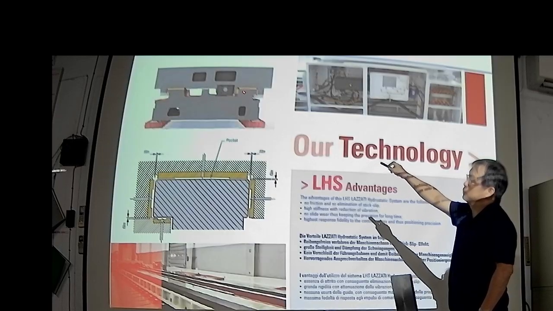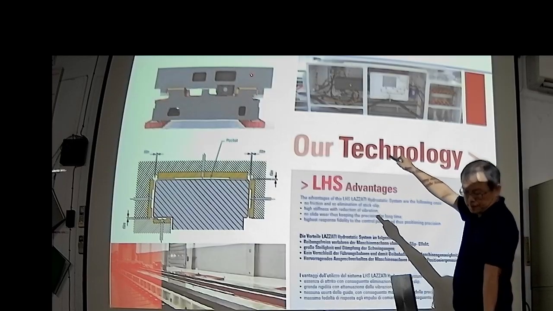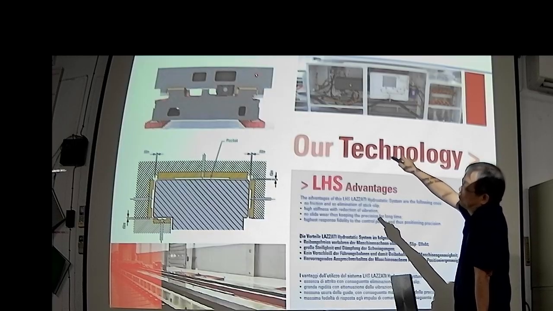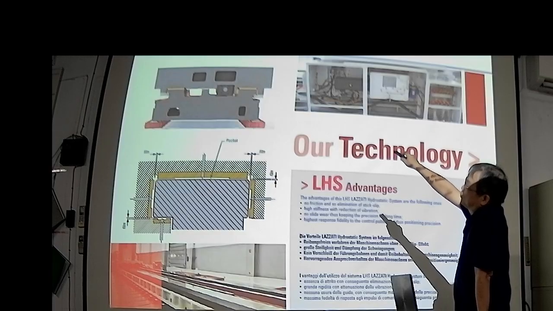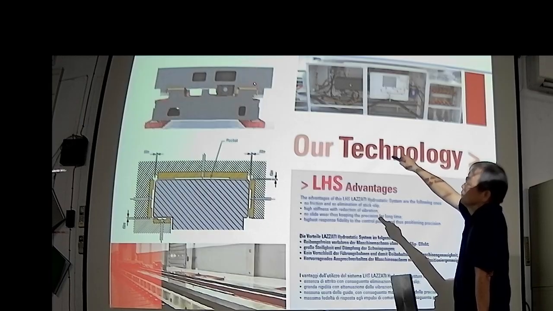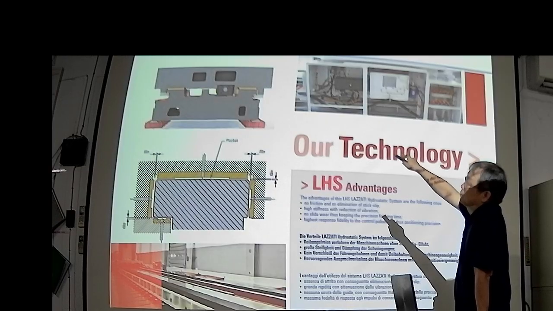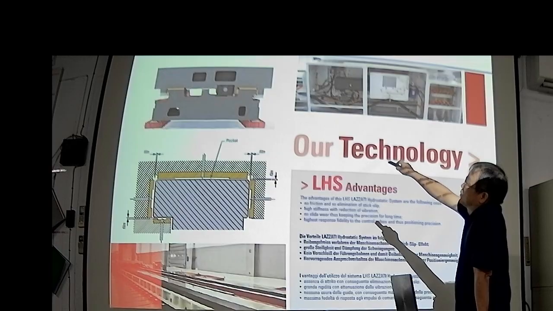For the closed form hydrostatic guideway system design, you can resist the vertical loading and also the loading in the radial direction. So the yellow one is the hydrostatic bearing type.